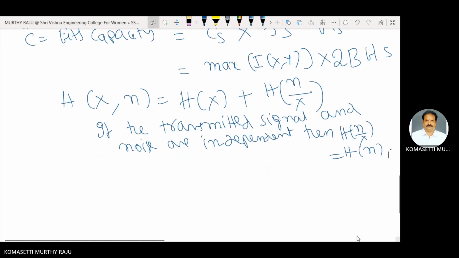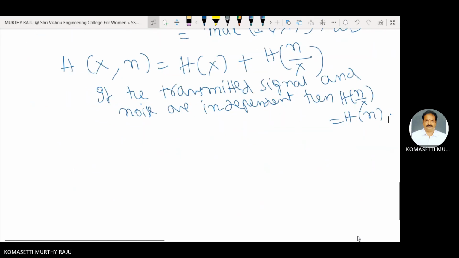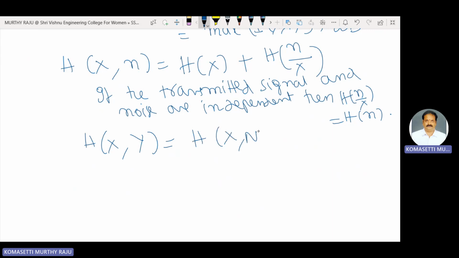The received signal is the sum of signal x and the noise n. We may write H of x comma y is equal to H of x comma n.